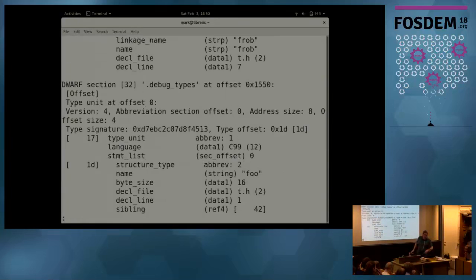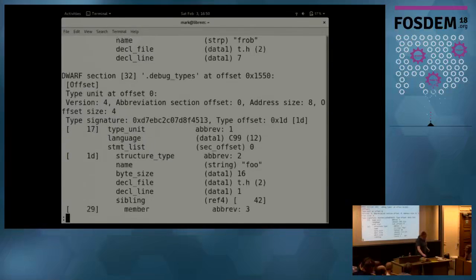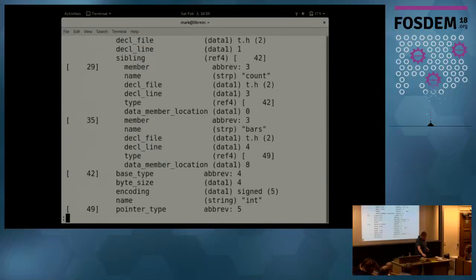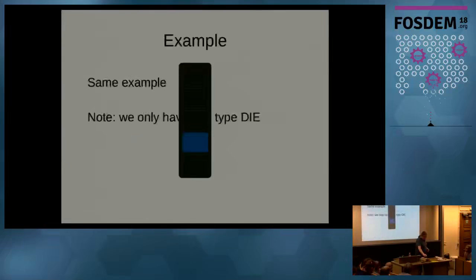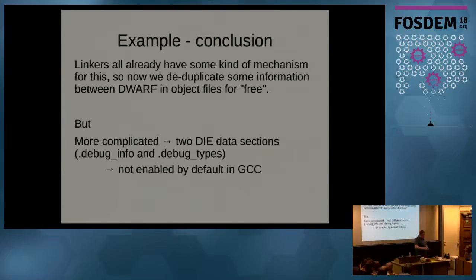And now we have a debug type section with that same signature, and there is only one of them. There is? Yeah, there is. So that's really nice because, although we need another linker mechanism, now we deduplicate some information for free.